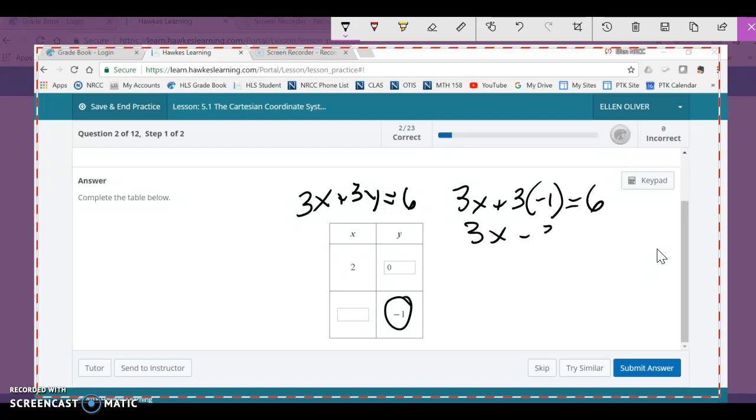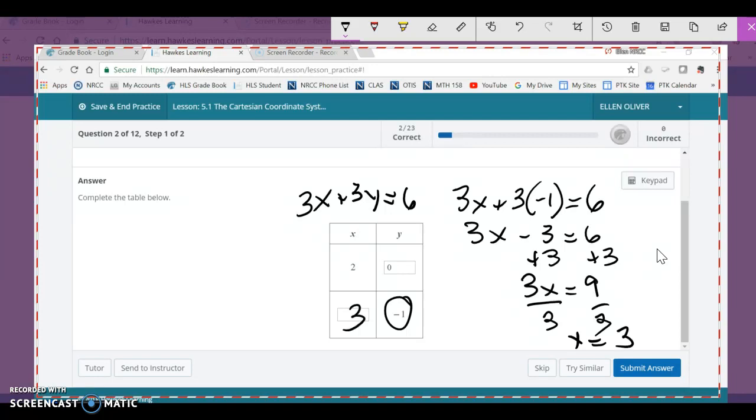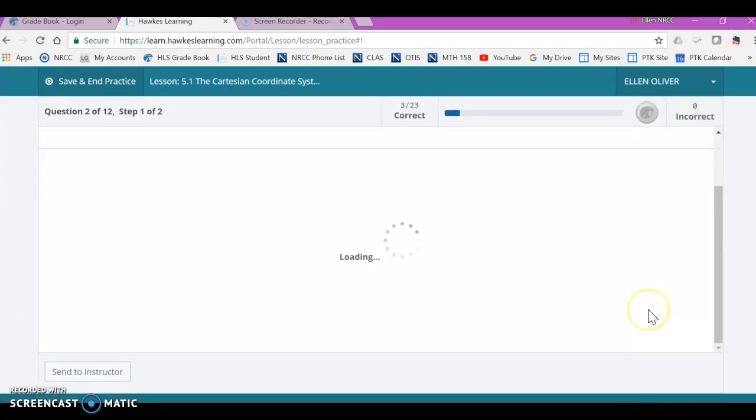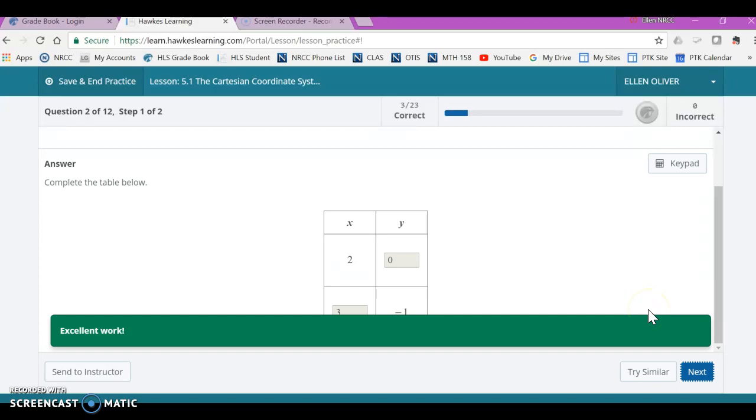So 3x minus 3 is 6. Add 3 to both sides. 3x is 9. Divide by 3. X is 3. So I'll type in a 3 for that coordinate there, and make sure I get it right. Very good.